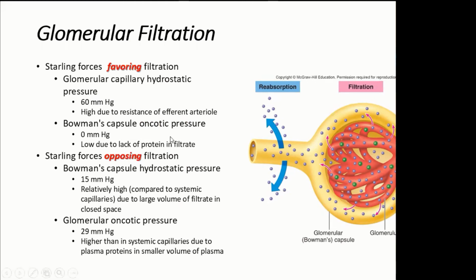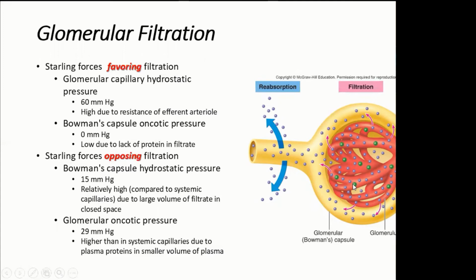The oncotic pressure in Bowman's capsule is very low because we don't have these proteins moving in, so we don't really have solutes sucking more water towards it. So that would go with the Starling forces opposing filtration instead, because we have these proteins.